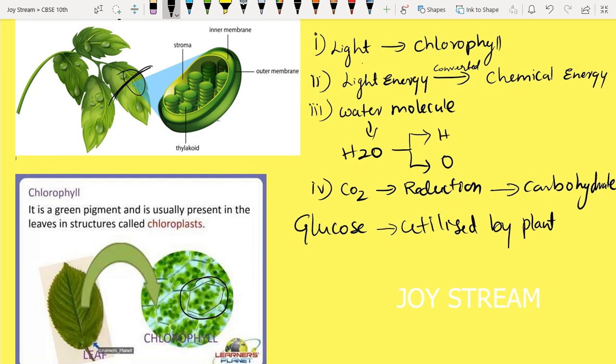Now it is a food form. But the unutilized, the remaining glucose, where does it go? The remaining glucose is stored in the form of starch.